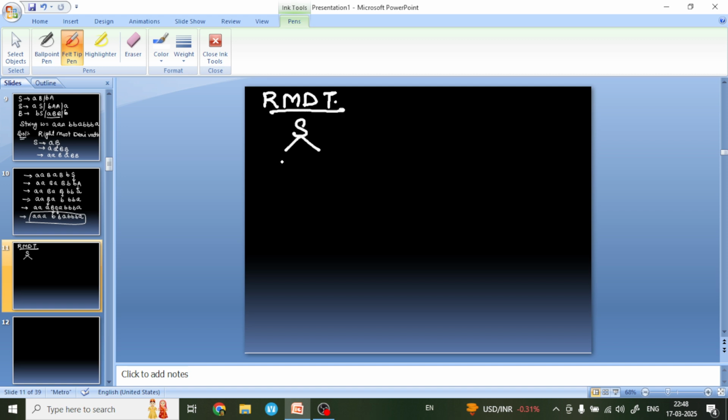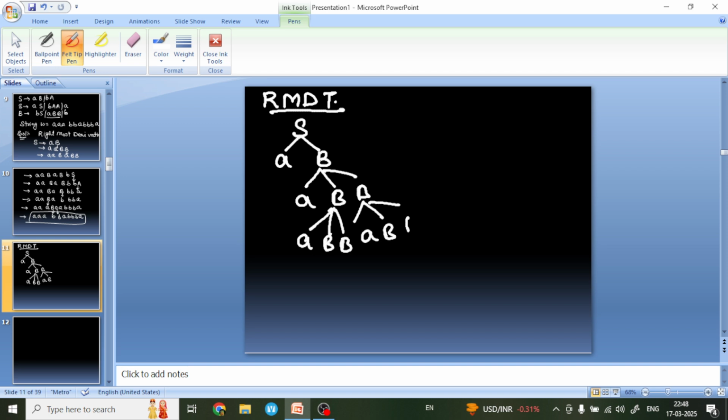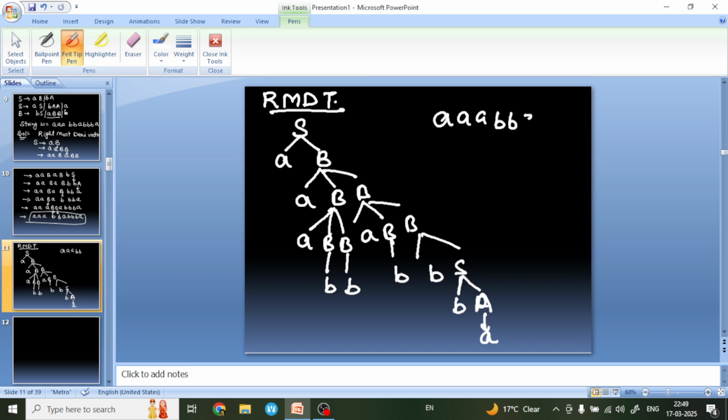S to a capital B, then a B B. Now then A, a B B, a B B B. Take here B B. Take here B. Take here b S, and take here b A, and take here small a. This is the rightmost derivation.